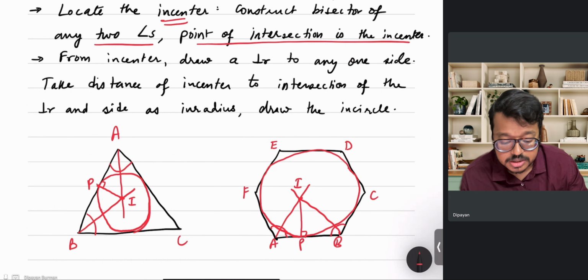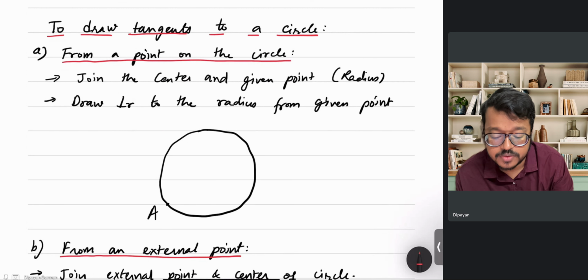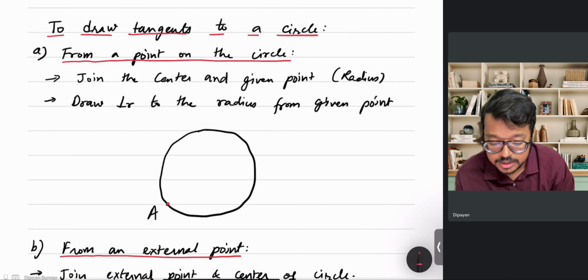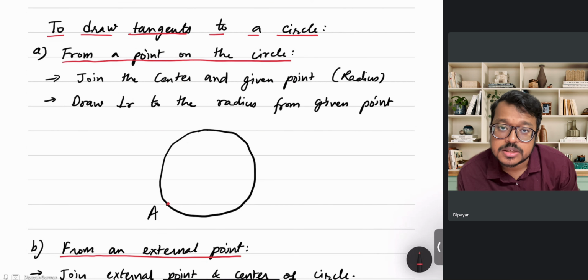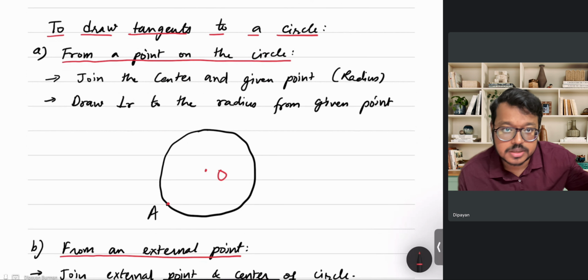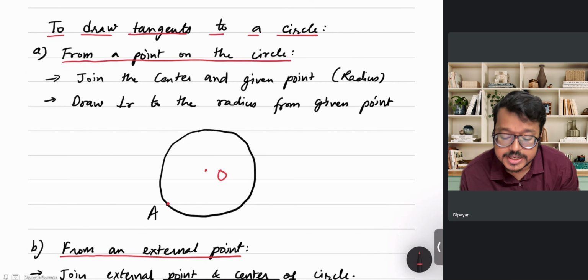And then the last thing is to draw tangents to a circle. There can be two situations. Let's say that you have a circle and there is a point on the circle, let's say point A, and you have to draw a tangent to the circle at point A. So first thing is, you will already draw the circle with whatever center, let's say point O is the center of the circle and A is where you have to draw the tangent.